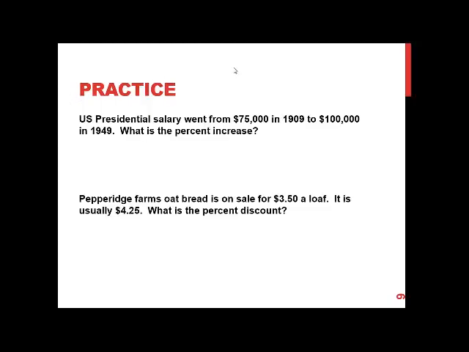And again, that is new minus old over old, all that times 100. So our new salary in 1949 was $100,000. And our old salary was $75,000.